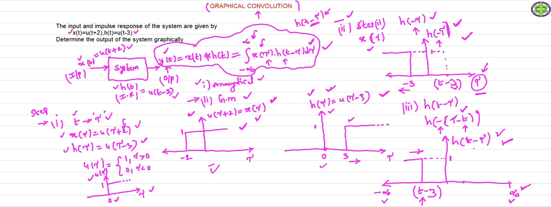Now in the fourth step, I am going to multiply these two signals. For that, I am going to represent these two signals in the same graph. Up to the third step, it is completed. Next, just go for the fourth step.